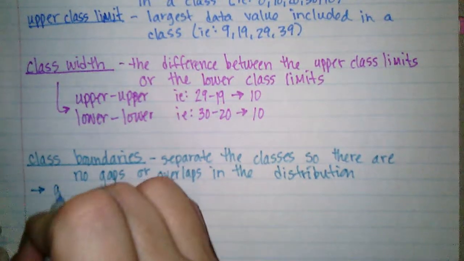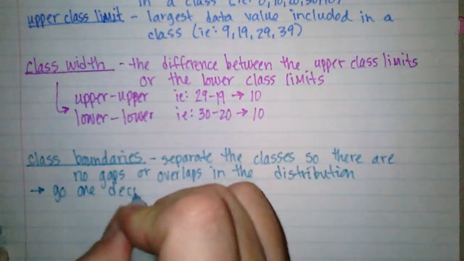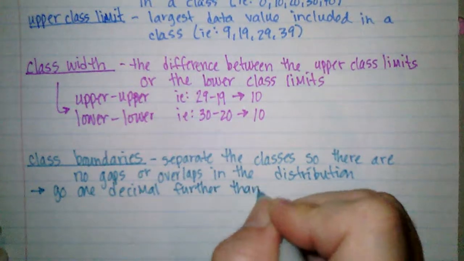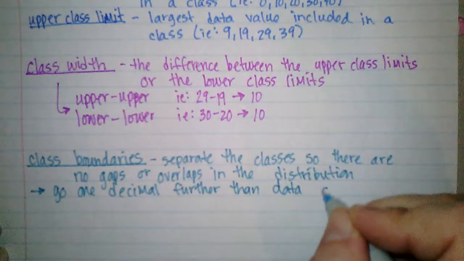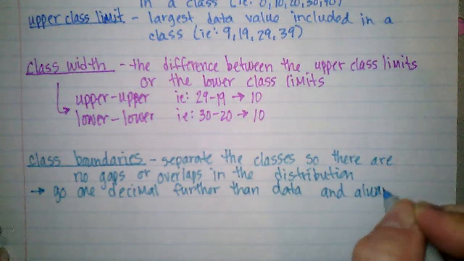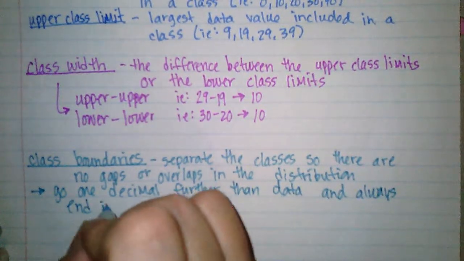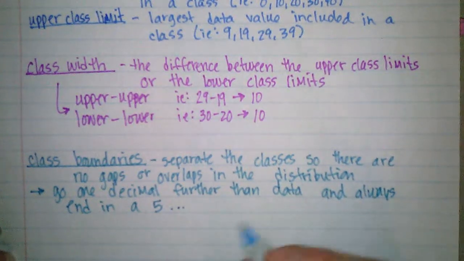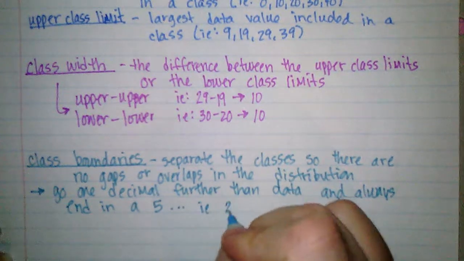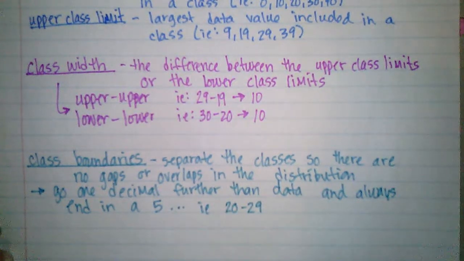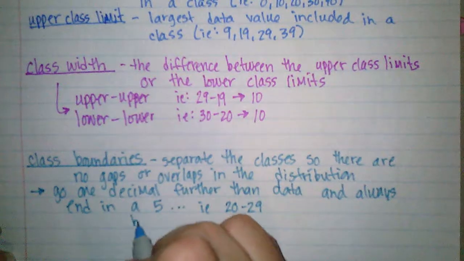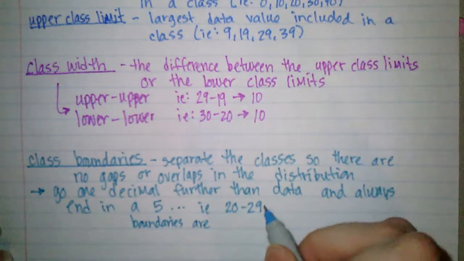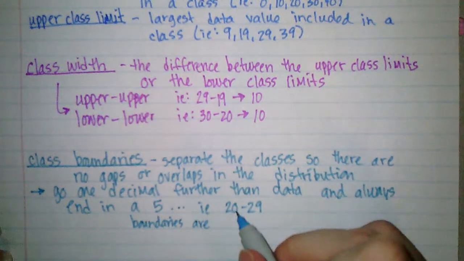So what they do is they go one decimal further than the data, and they always end in a 5. So for example, for the class 20 to 29, the boundaries are going to be: for 20, we're going to go one decimal further.